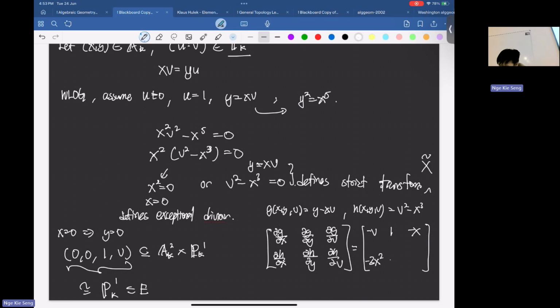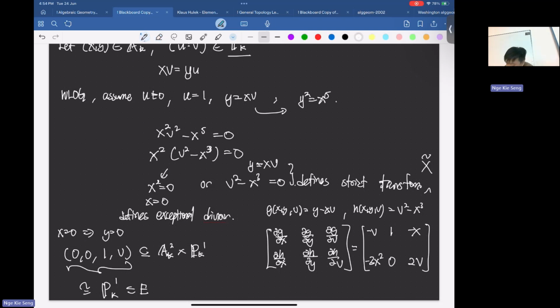Partial h partial y is 0. And then this is 2v. And then now we have a Jacobian matrix.